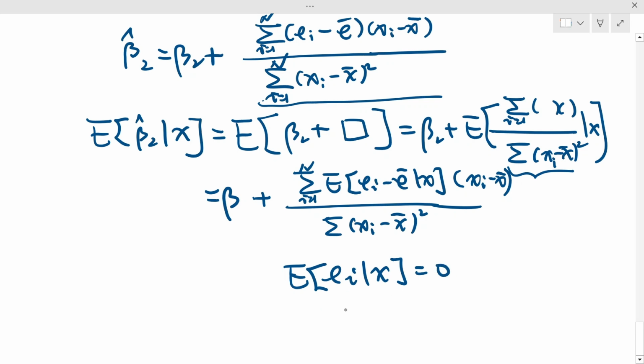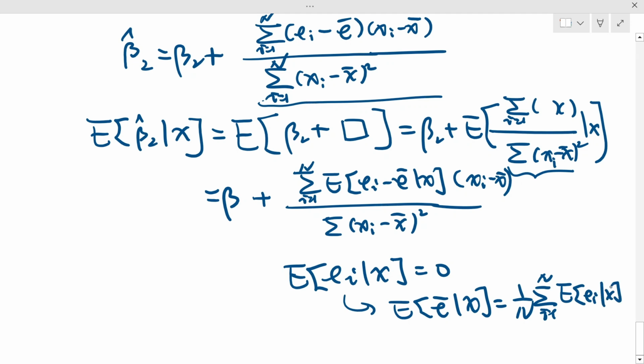And that also means that the sum is equal to 0. So this term is equal to 0.